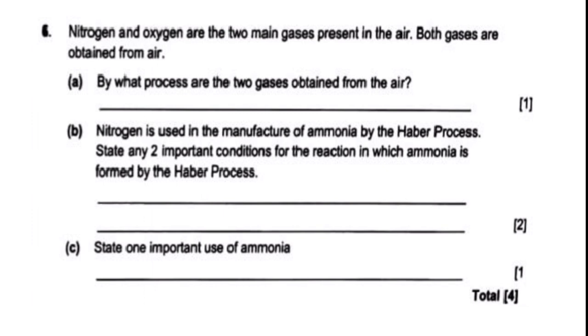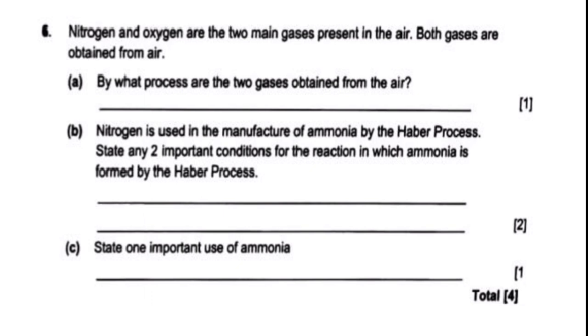The first question reads: nitrogen and oxygen are the two main gases present in the air. Both gases are obtained from air. Why are we referring to these two gases as the main gases present in the air?